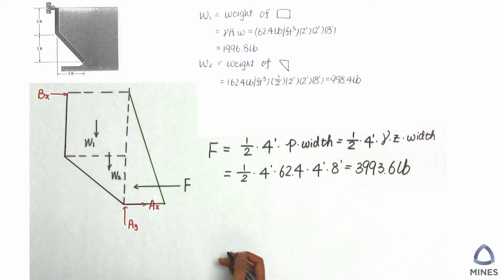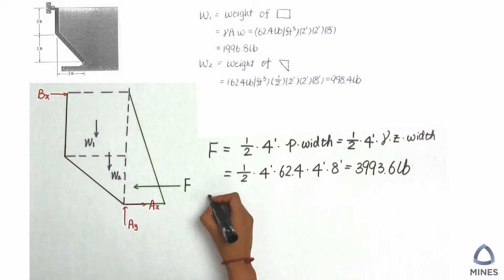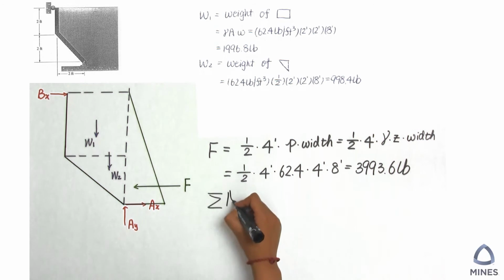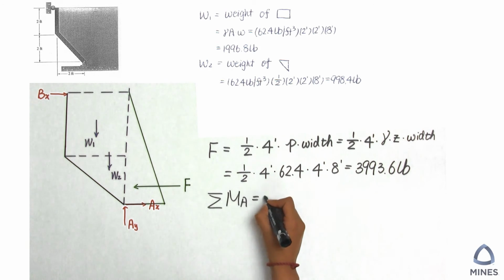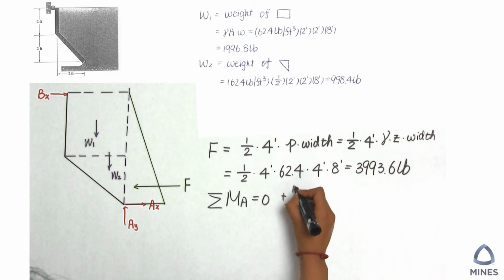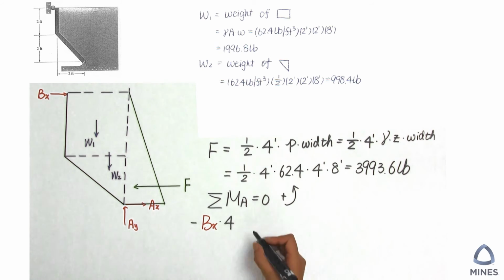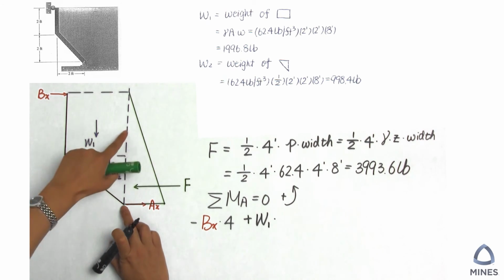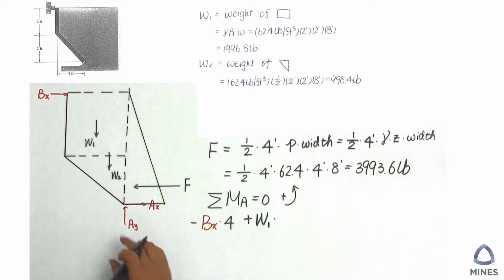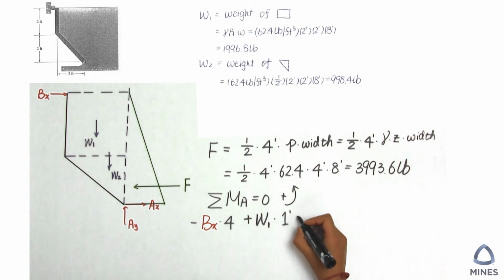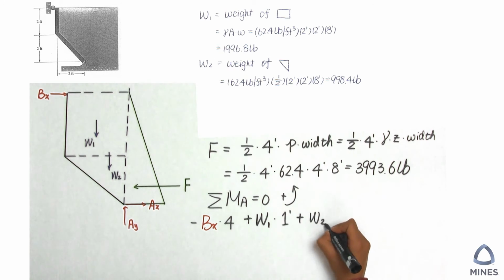Now let's go back to the FBD here. If we sum the moments around A, we should be able to find Bx. From A to W1, it's half of the width, which will be 1 foot.